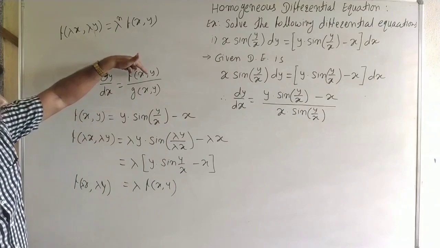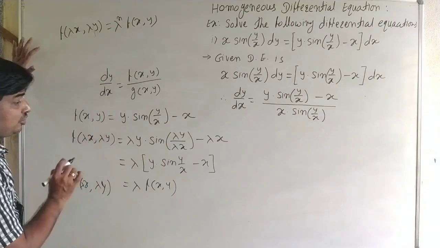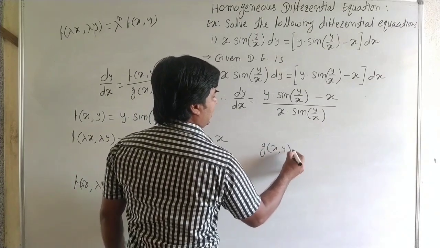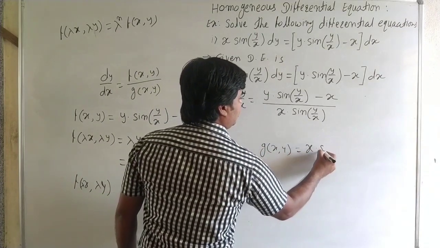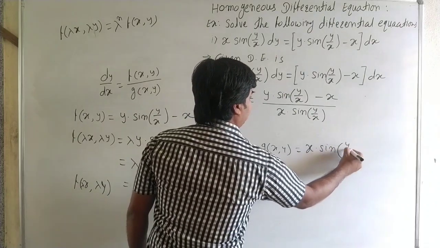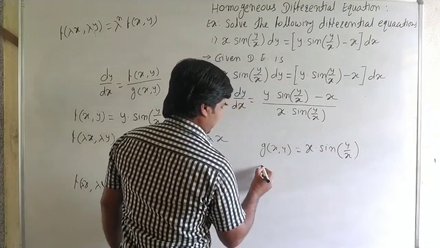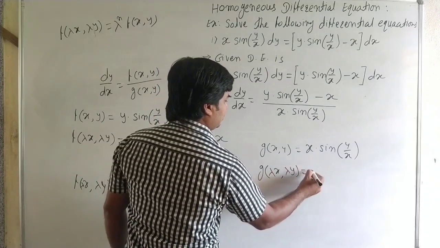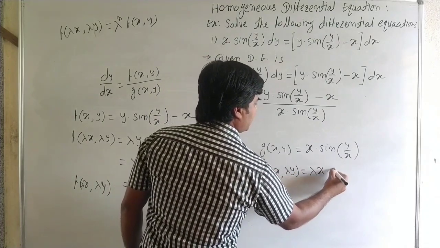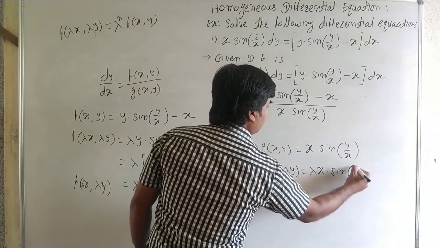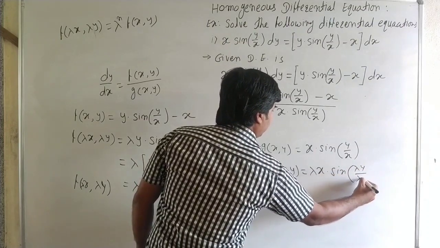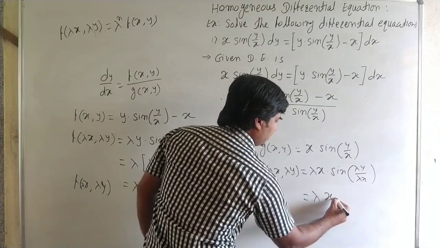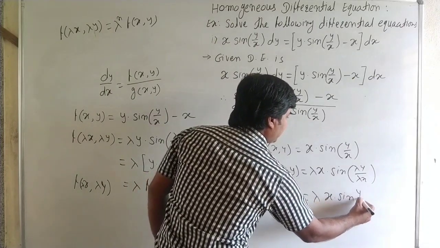So we can check the g of x comma y. Here g of x comma y is x sine of y by x. Then g of lambda x comma lambda y is equal to lambda x sine of lambda y by lambda x, which is lambda times x sine y by x.